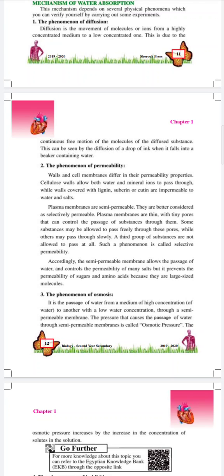Nothing passes through it. Number 3, plasma membrane. It is semi-permeable, with selective permeability that allows and controls the passage of substances through it. The plasma membrane prevents the passage of sugar and amino acids because they are very large in size.